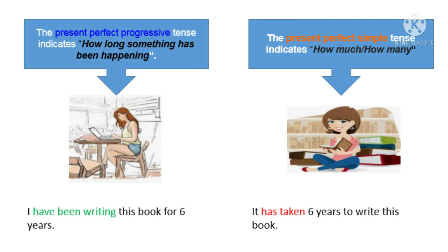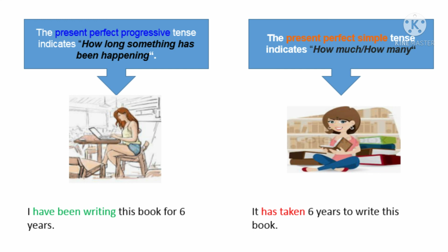Okay? And for the present perfect simple tense, this indicates how much or how many. And for the example, here it is. It has taken 6 years to write this book. This answers the question, how many?